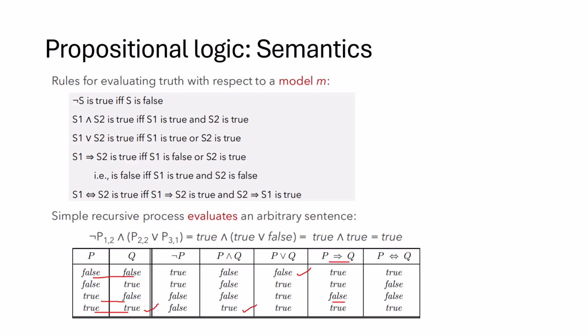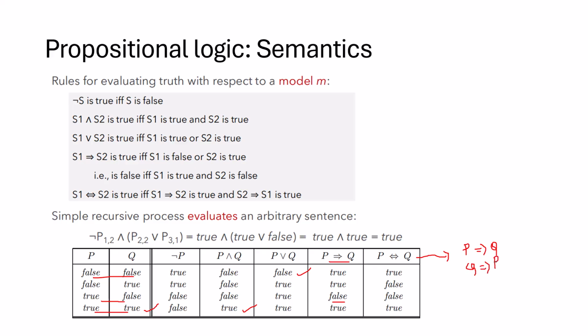The biconditional says that p biconditional q is true whenever both p implies q and q implies p are true. So the biconditional can be represented in 2 parts: one is p implies q, and the other is q implies p. We can break it into 2 parts.